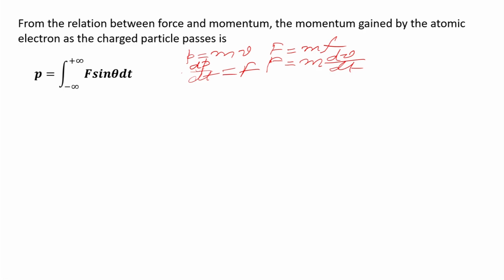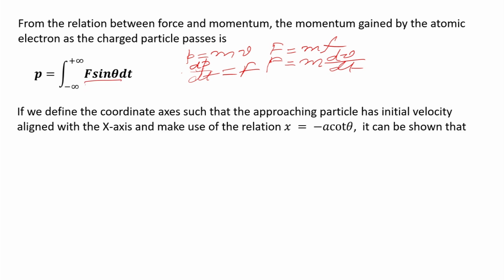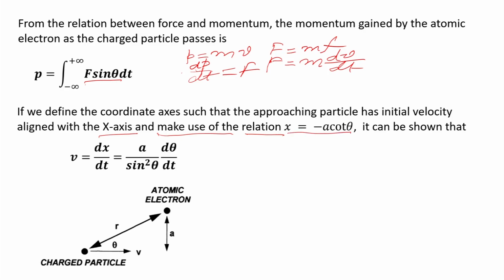Since the particle is getting accelerated in a direction which makes an angle theta, we have to take the component of that force, that is F sin theta. Now, if you define the coordinate axis such that the approaching particle has an initial velocity aligned with the x axis, then I can put x is equal to minus a cot theta. Why is it so?